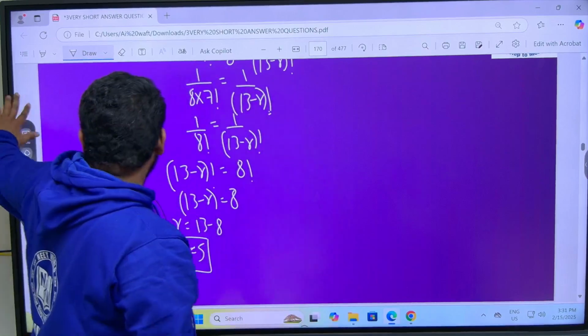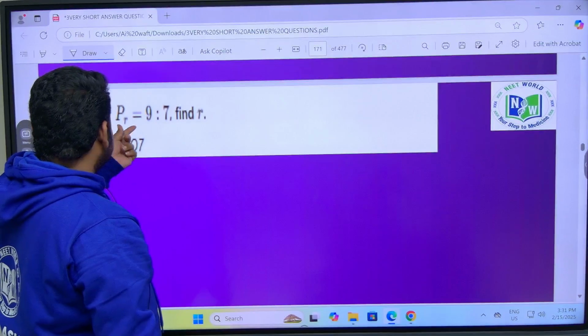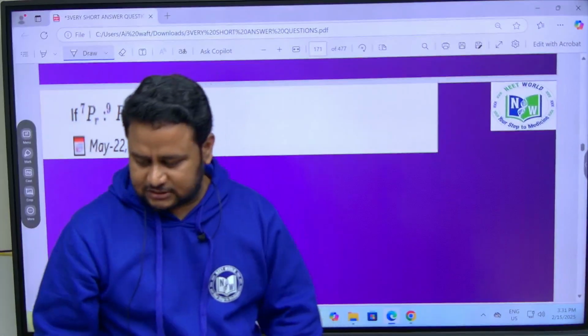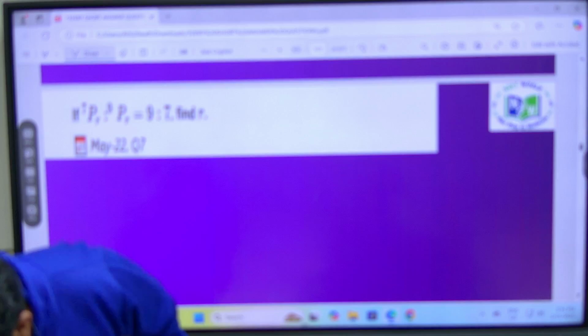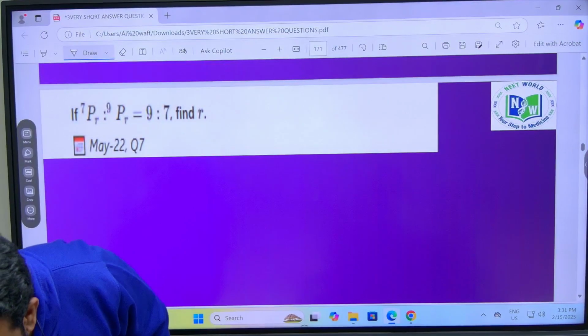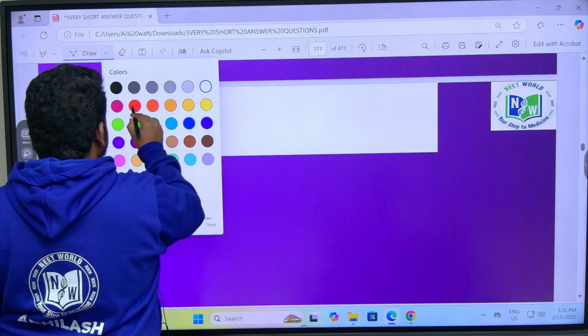So going forward, see here, 7 PR is to 9 PR is equal to 9 is to 7. Let me check the question. There is a slight mistake in the question.